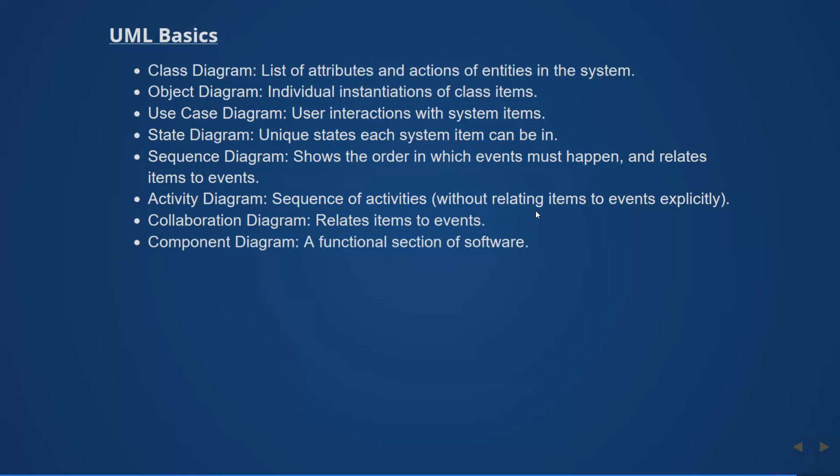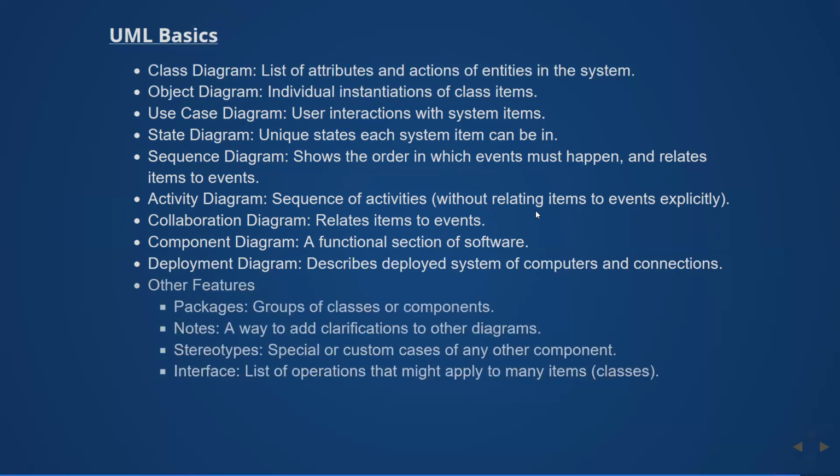A component diagram is like a functional description or block diagram of software components. And similarly, you could have a network or deployment diagram that describes all the hardware and networking stuff of the IT systems and instrumentation. And there are a bunch of other things we can have.